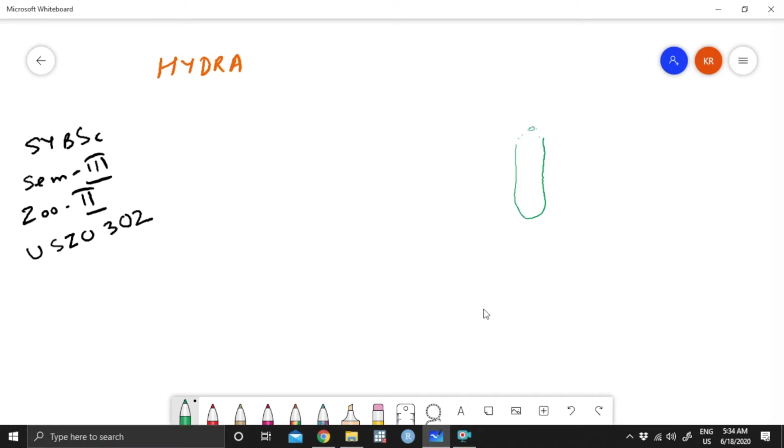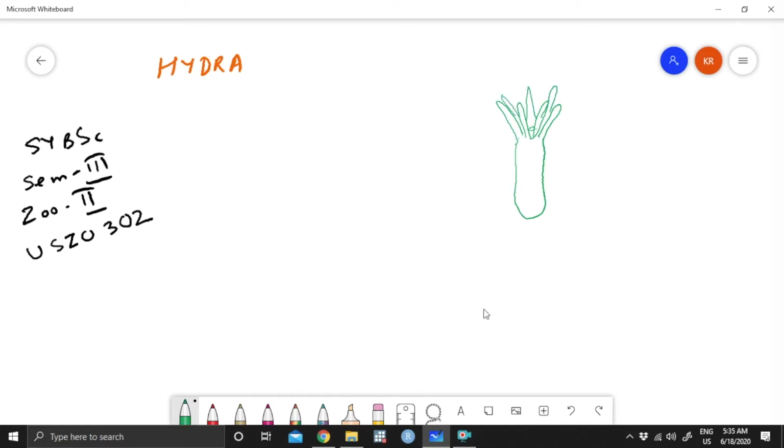So this part is called the hypostome. But the mouth is usually not very visible. The reason is that there are tentacles all around this part. So there are many tentacles over here all around this part.